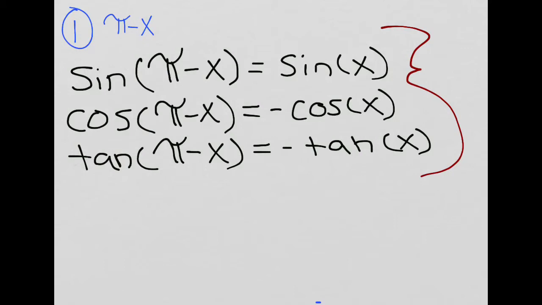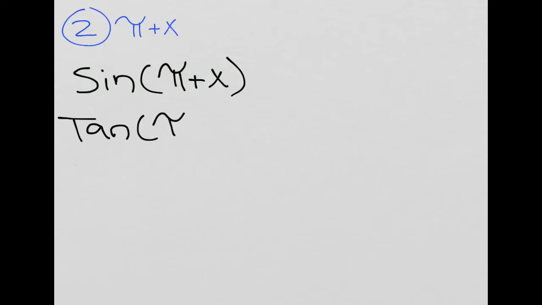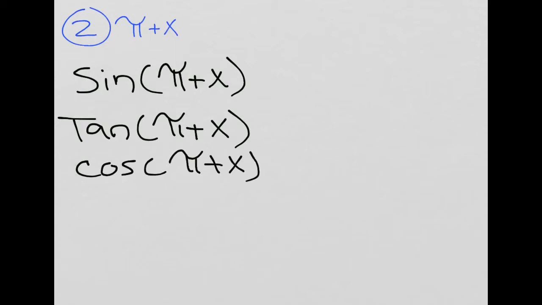Now we're going to move on to the second one, pi plus x. We could have sin pi plus x, tan pi plus x, or cos pi plus x. We know that 180 degrees plus an acute angle would always put you in the third quadrant.